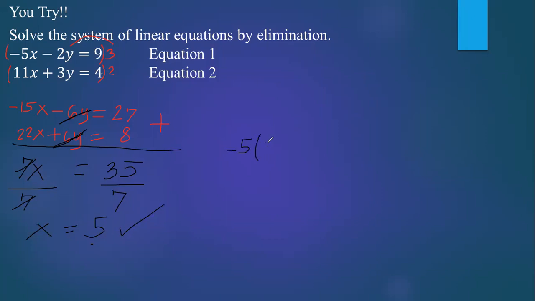So negative 5 times 5 minus 2y equals 9. Take note, we use equation 1. So negative 25 minus 2y equals 9.